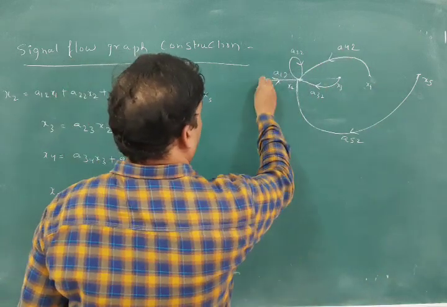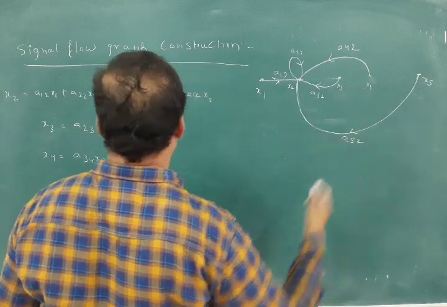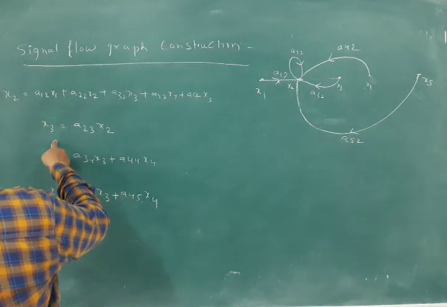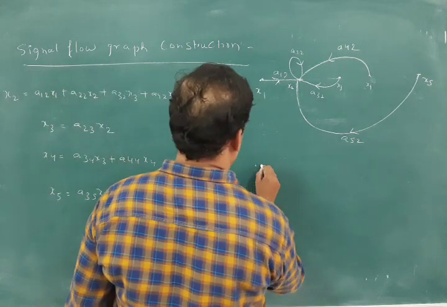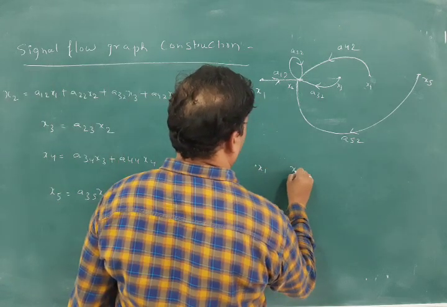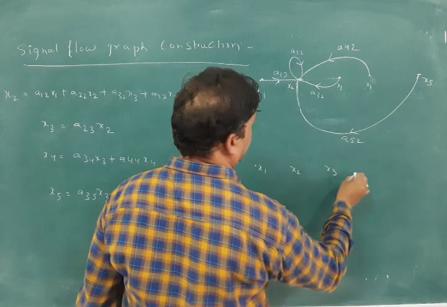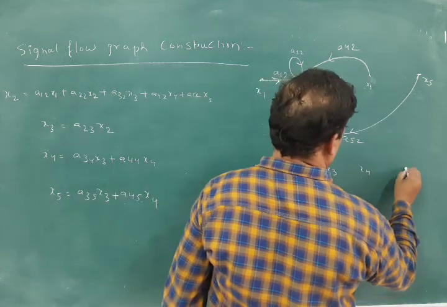Now all these nodes are there, X1, X2, X3, X4 and X5. Now we will go to the second one, X3 equals A23 into X2. We will have these nodes X1, X2, X3, X4 and X5.